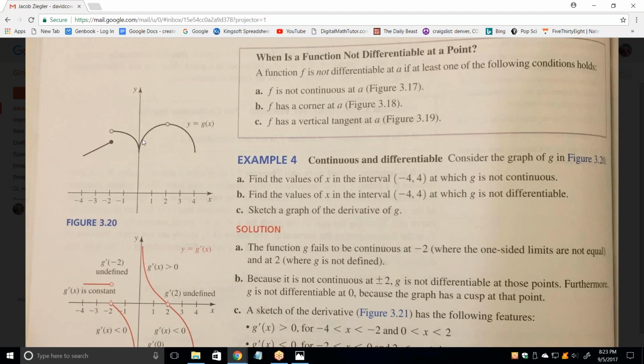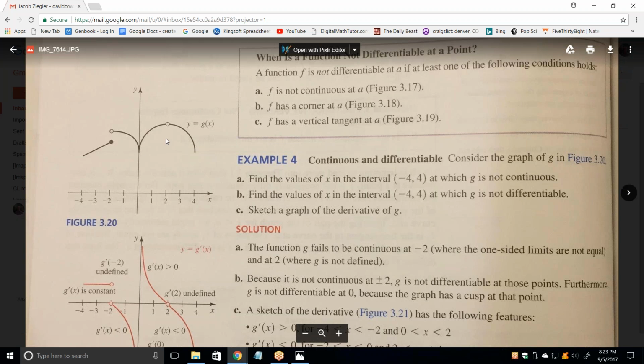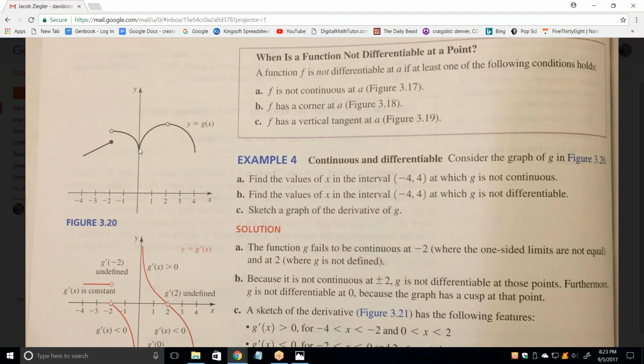Well, this function here, it is definitely a strange looking function. And the only reason they put it there is to demonstrate to you that it's not differentiable there because it's not continuous. It's not differentiable there because it's a cusp or corner. And it's not differentiable there because it's not continuous either.